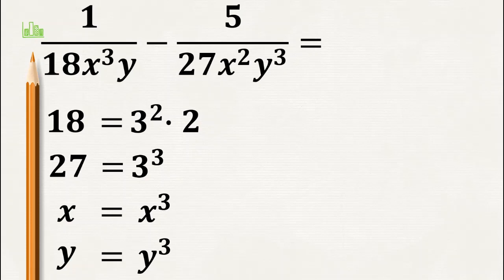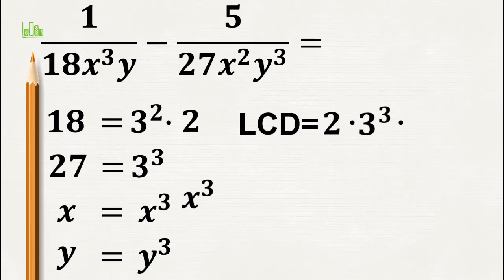Again, get the highest powers of each of these factors. First factor, we have 2. There are no other 2 in our prime factors. And then, the highest power of 3 is 3 cubed. And then, the highest power of x is x cubed. Highest power of y is y cubed.